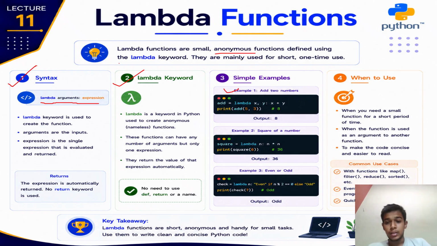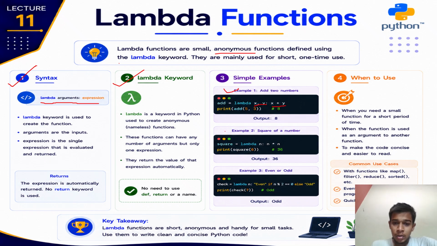It adds them together. When we pass 5 and 3, the answer becomes 8 and the output is 8. You can clearly see here, this is the argument and this is the expression. Arguments are x comma y, and in the expression we are adding both x and y.